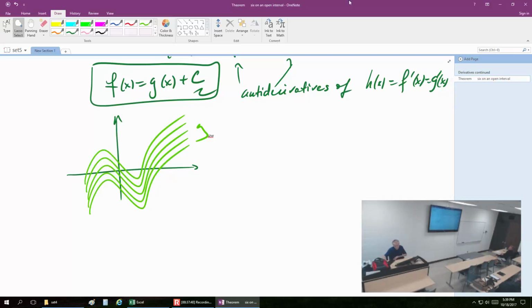What is interesting about it is that, number one, they cover the whole plane. At least when it's defined on the whole x-axis, they will cover the whole plane. So for every point that you pick, you can find a curve passing through it. And secondly, they don't intersect.